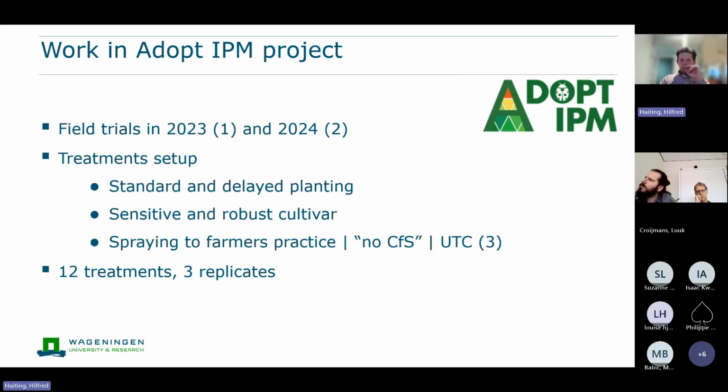We worked with two cultivars who have cultivar sensitivity within the crop, and on top of that we had three, let's say, spraying schemes, although spraying schemes is not the correct term, because we also included an untreated control there. So in all, and they were all mixed, we had 12 treatments in the trial, and we ran that in 3 blocks.